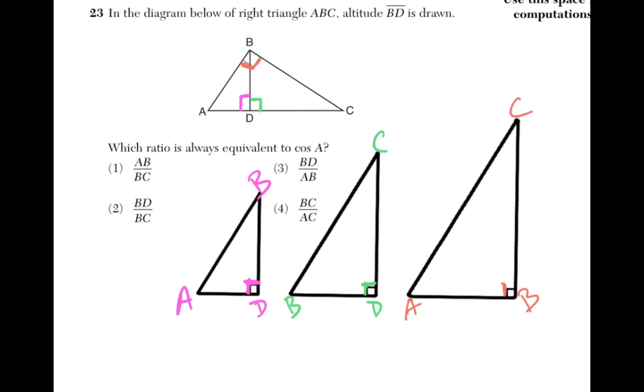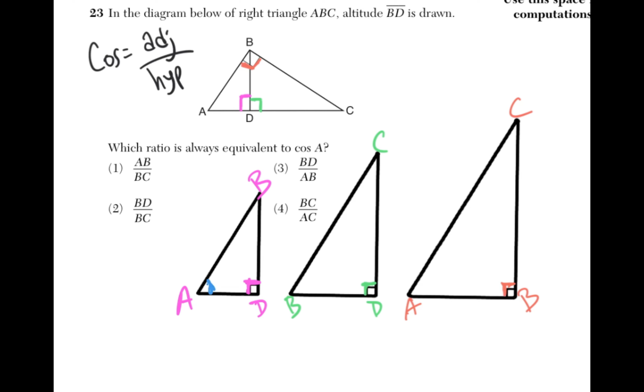All right. So again, the question says, which ratio is always equivalent to the cosine of A? So one of the things I remember is that when we're thinking about the cosine ratio, it's always adjacent over hypotenuse, right? So let's think about this. Which ratio is always equivalent to the cosine of A? So here's the cosine of A, and let's indicate that like so right here.